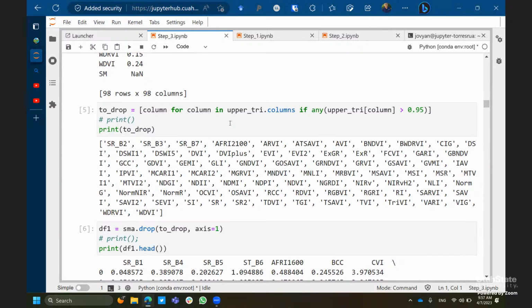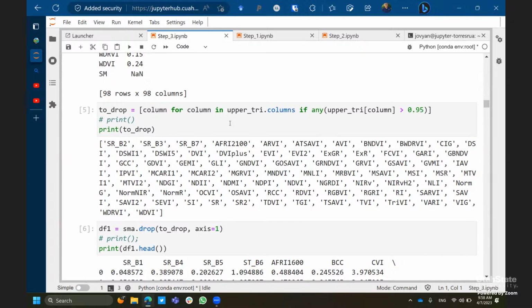So in this case, after thinking about this, I'm going to choose 0.95 as my threshold. Not too low, not too high, but I could have chosen 0.9, and that decision would have been okay.